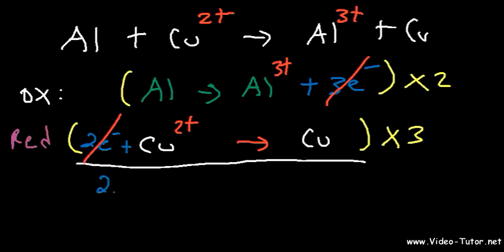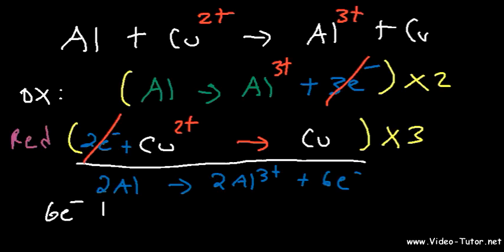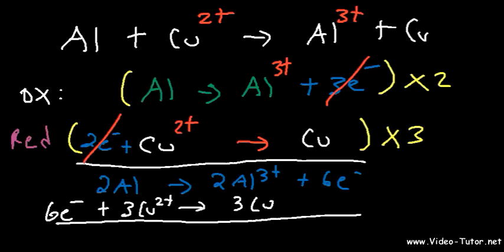So we have 2Al, 2Al3+, and 6 electrons. And here we have 6 electrons, 3Cu2+, 3Cu. And now we're going to add the two equations.